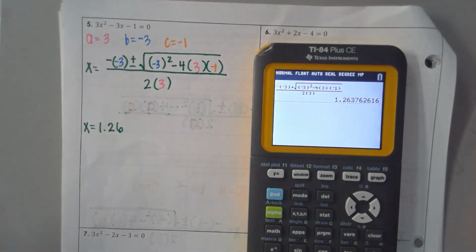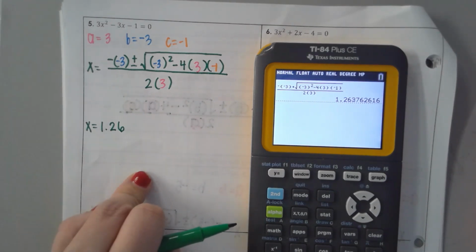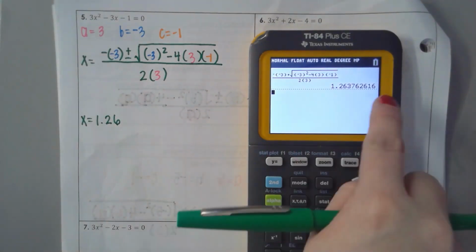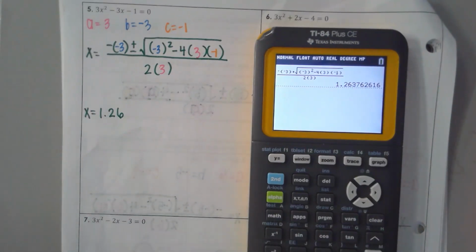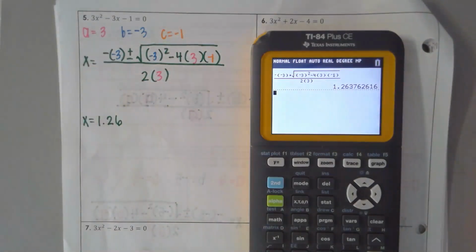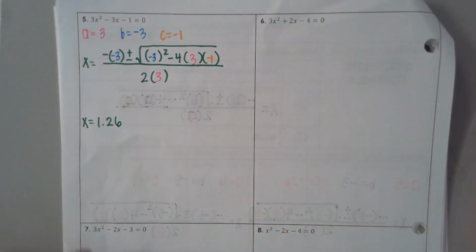Yep. Now here's the thing. I'm going to hear you say, do we have to round? Yes. Rounding is not something we just do when we're asked to do it. Unless you're going to write out that whole answer, those rounding rules always apply. Typically 2 decimal places would be fine.